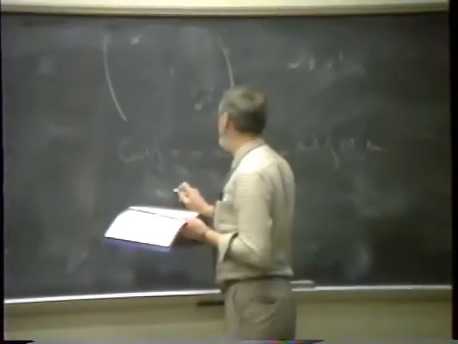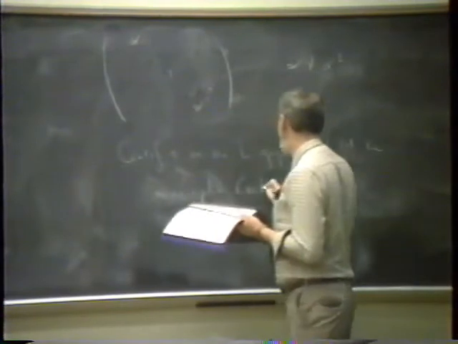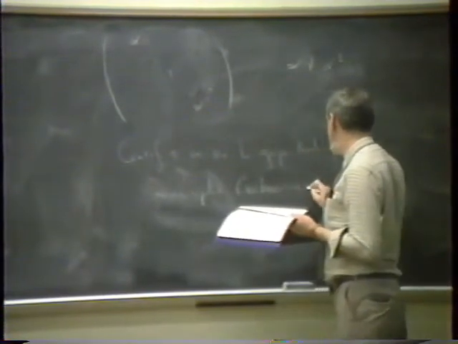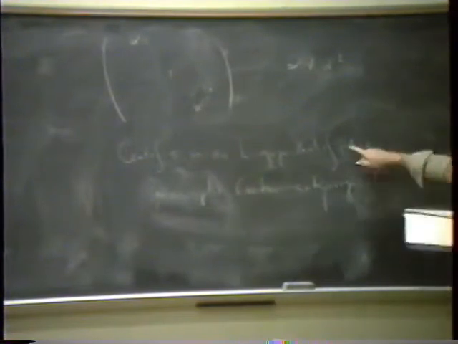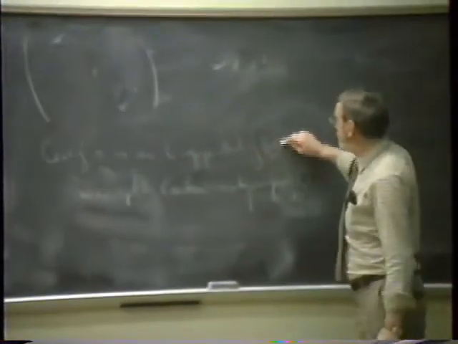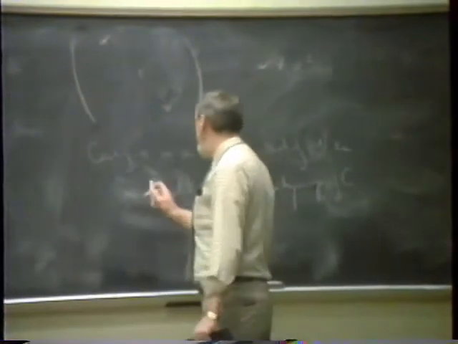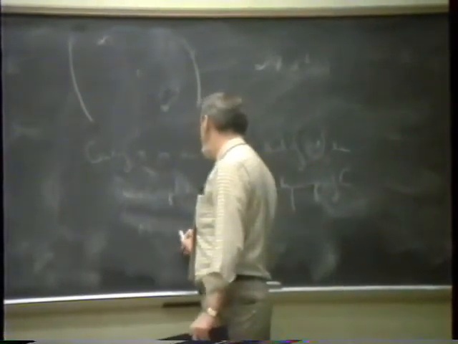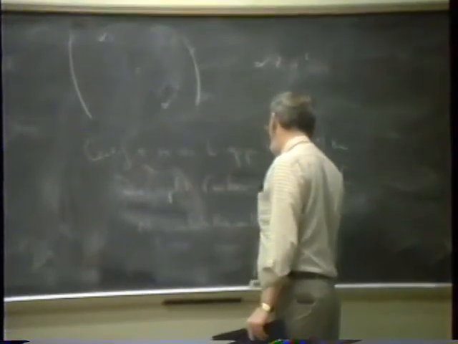So the maximal split Cartan subgroup of G. So that's M. Take G to be a quasi-split group. And one knows that M plays an important role in the representation theory of G. So, for example, M controls the induced representations.